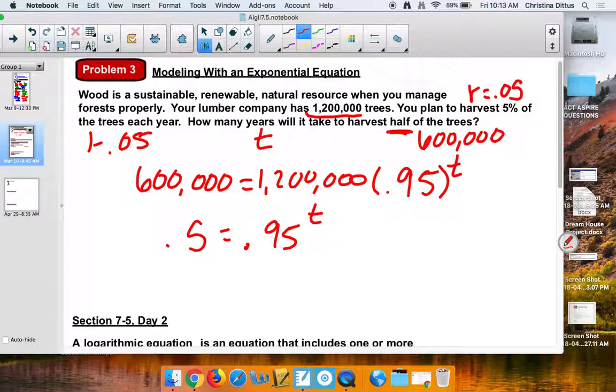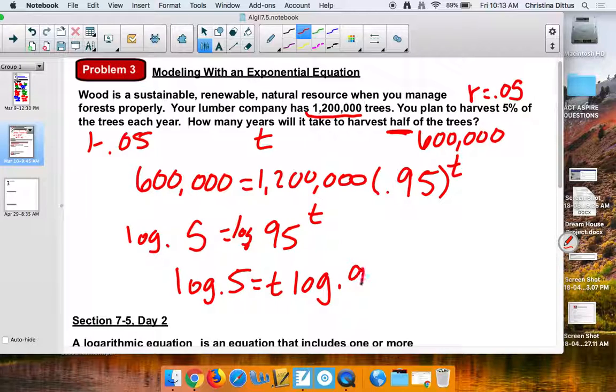Logs, which is funny because we're talking about trees. Ha ha. So I got the log of 0.5 equals, what am I doing with my exponent? Bring it out front. t log of 0.95. How am I figuring out how many years? Oh, the log.